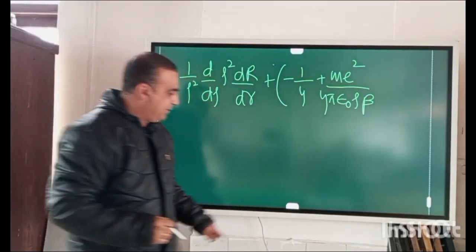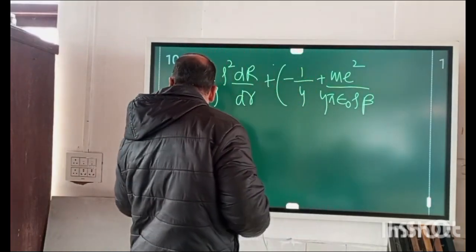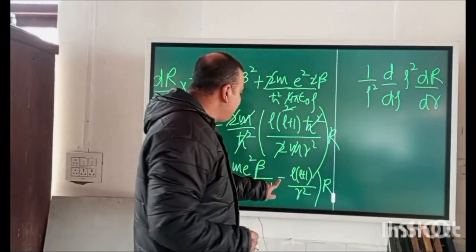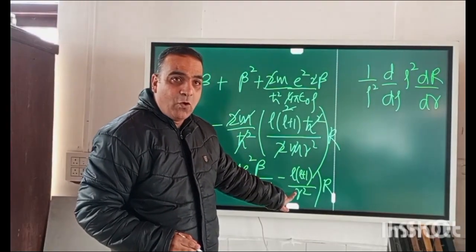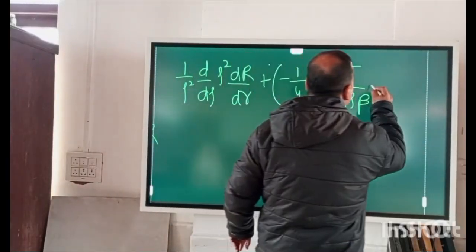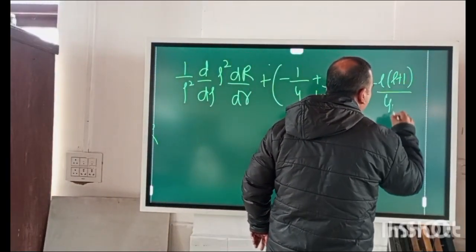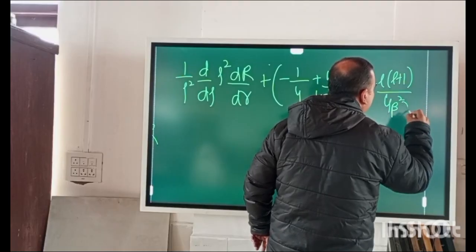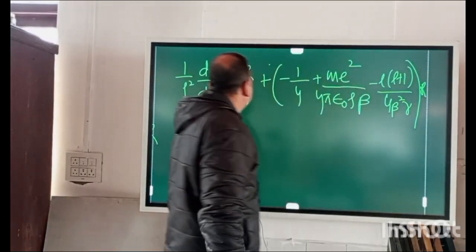Clear? Okay, then the last term will be minus L times L plus 1 by 4 beta square r, and close it.